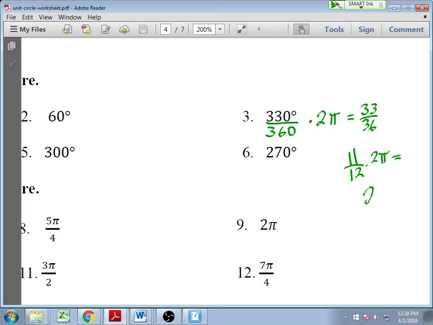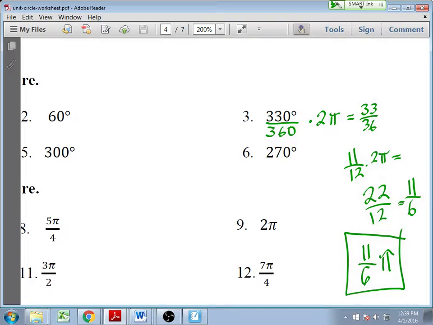Well, that gives me 22 over 12. Those share common factors of 2. 11 over 6, which is as reduced as I get. So we get 11/6 pi. We don't, we normally just leave it as an improper.